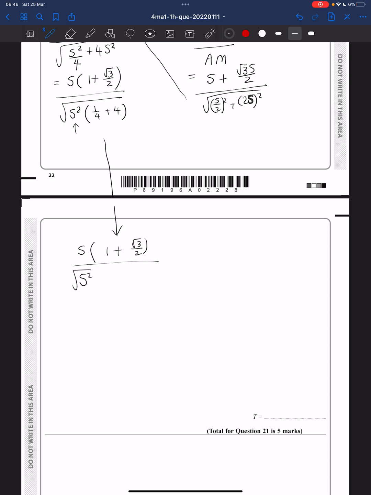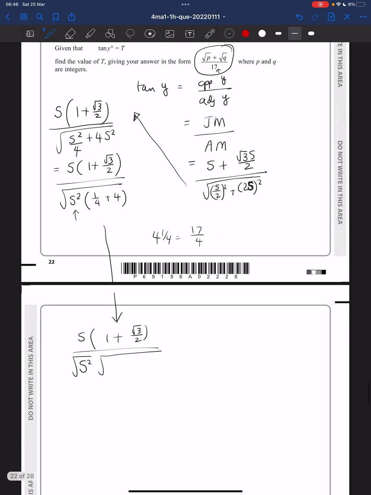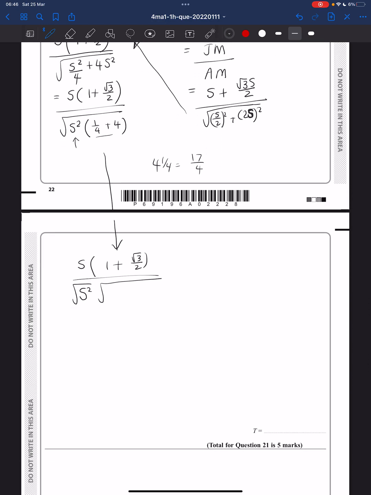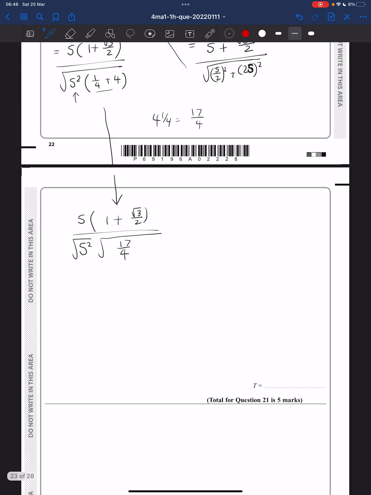Well, I'll write it like this. Square root of S squared. And then it's 4 1/4, which is 17 over 4. Good. Got a 17. I wanted a 17. That there is 17 over 4. Right, the square root of S squared is actually S, so that one will cancel with that one.